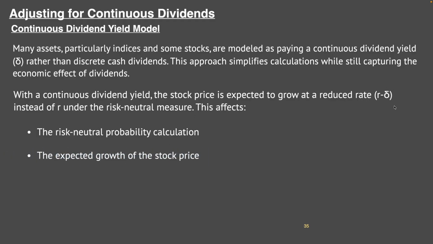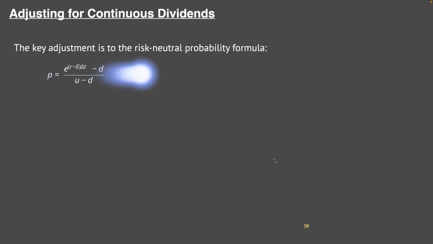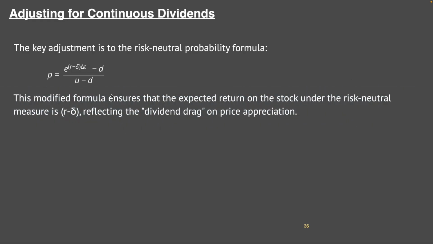So this value of r minus delta is going to impact the risk-neutral probability calculation, the expected growth of the stock price, and the relationship between option prices and stock prices. So how are we going to adjust it? It will have a direct impact on the probability component. Here: p equals e to the power of (r minus delta) into delta t, minus d, divided by u minus d. This is the only adjustment required to include the effect of dividend on the option prices.